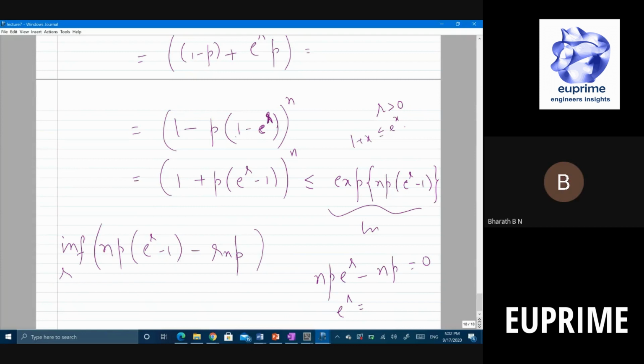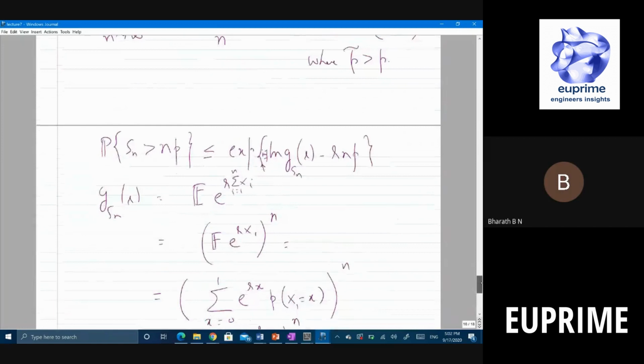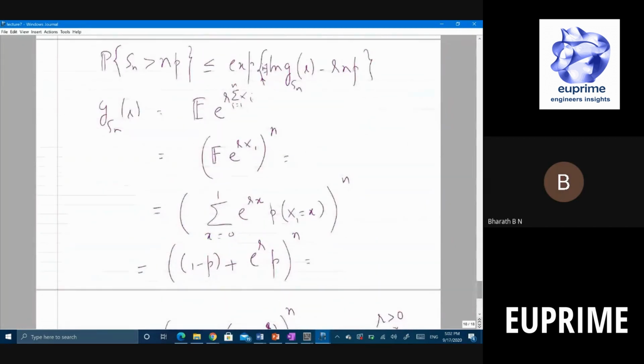Okay, there's something wrong with this approach. Here we get r equal to 0. Well, r equal to 0 will give me... no, wait. Okay, so there is something going on here. Some mistake I have made. Anyway, next class I'll do this.